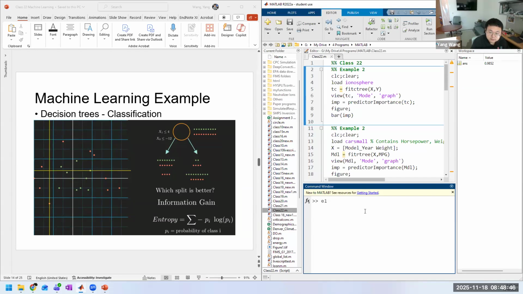Let's say this E1 is minus 8 green cases multiplied by log 2 of 8 over 14, and then minus 6 over 14 multiplied by log 2 of 6 over 14. This is the entropy for the first split.